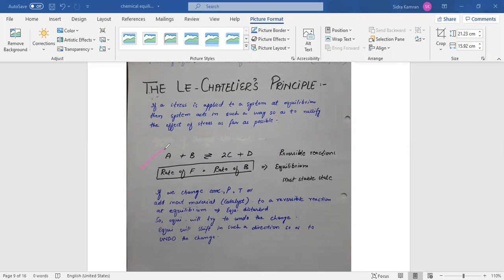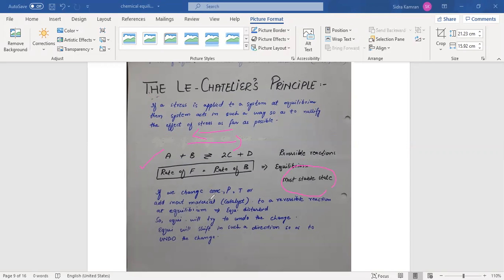That is the condition of chemical equilibrium. The reaction is at equilibrium when the rate of the forward reaction and the rate of the backward reaction are equal. And equilibrium is basically for a reversible reaction. If there is an irreversible reaction, then there is no equilibrium condition. And the equilibrium condition is considered the most stable condition.